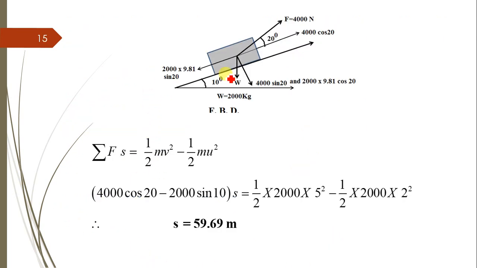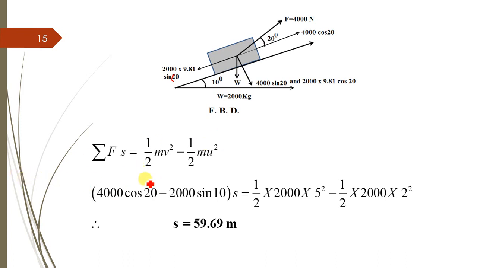Now drawing the free body diagram, the weight of the car is acting vertically downward, which is resolved as w sine 20, it should be 10, and here w cos 20. Further, the force is acting at 20 degrees, so again the force is resolved as 4000 cos 20 and 4000 sin 20.